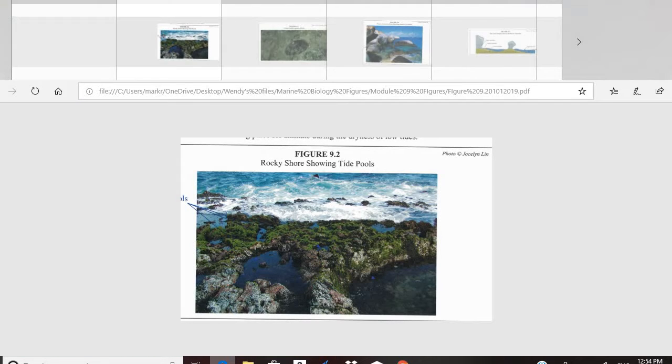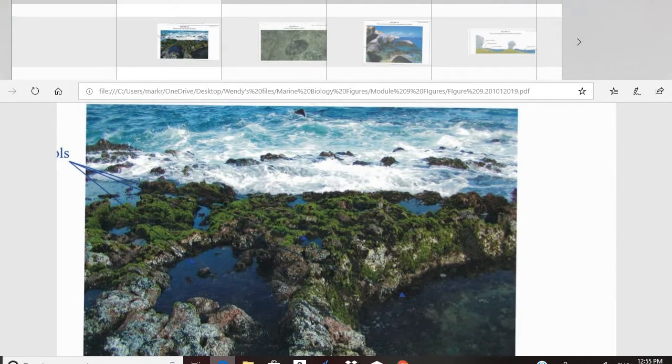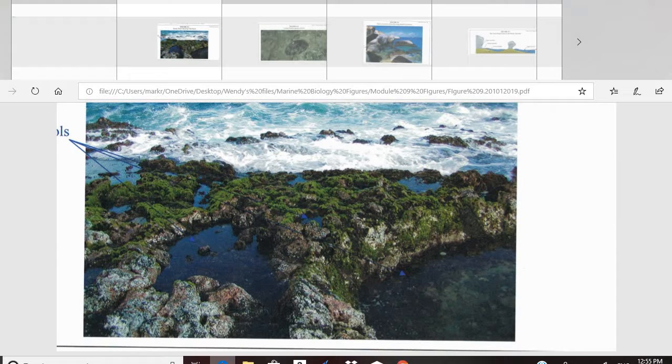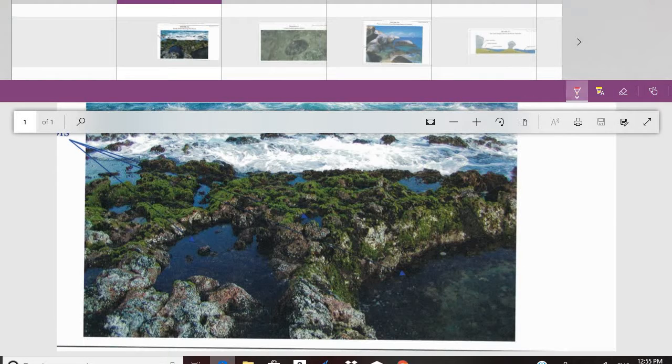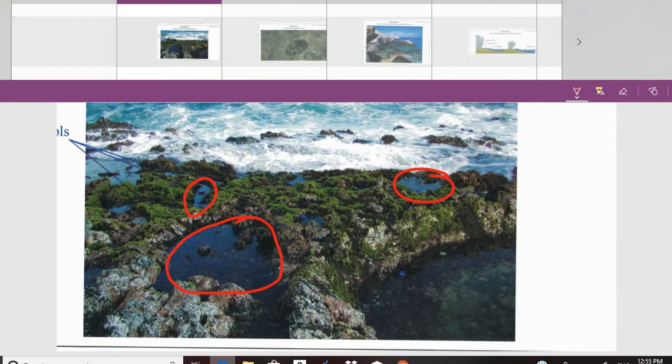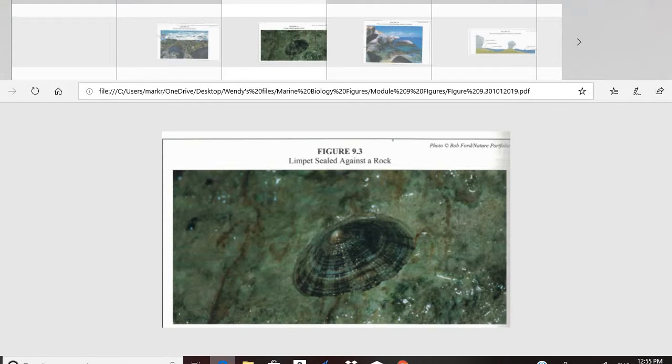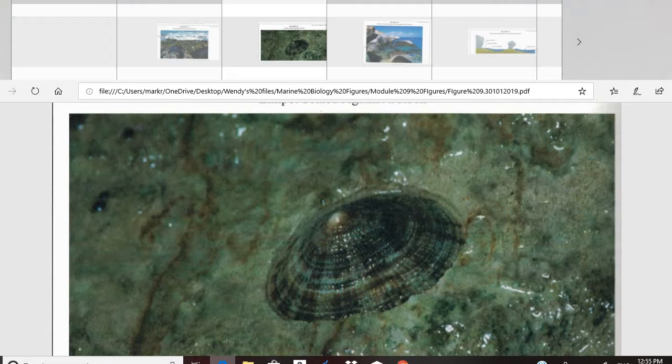And then there are places where water tends to pool, like this right here, and that's called a tidal pool. We can see where water pools here, or here, or here. So during the low tide, the animals living in this area can find moisture in those areas. And the other thing I mentioned was that they can trap water within themselves.